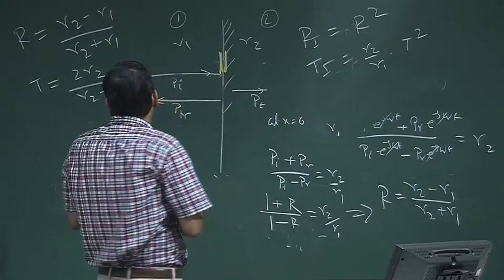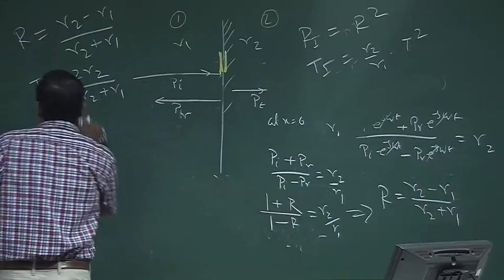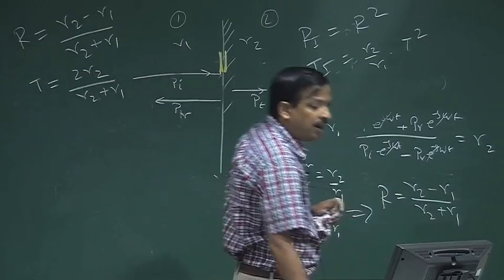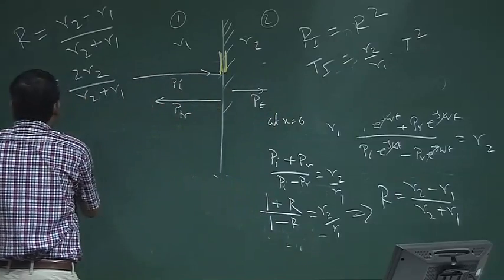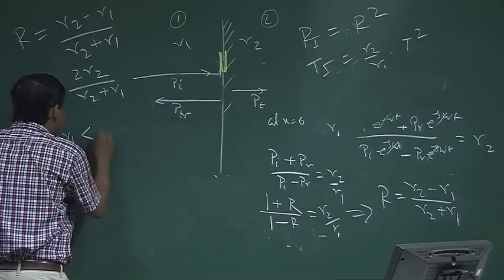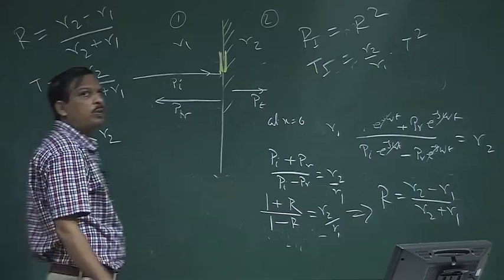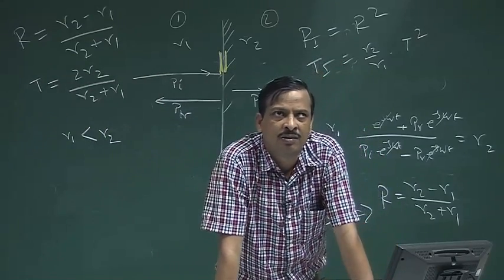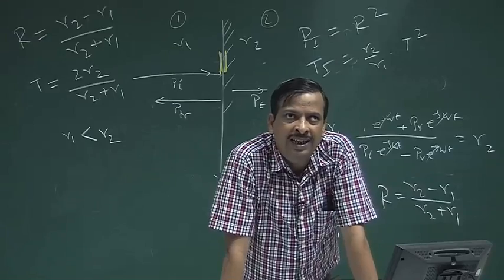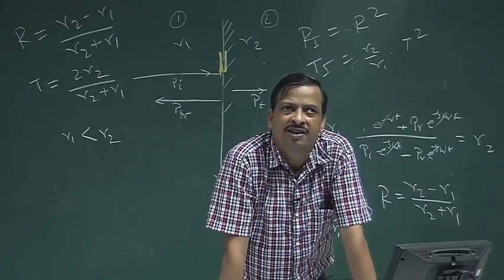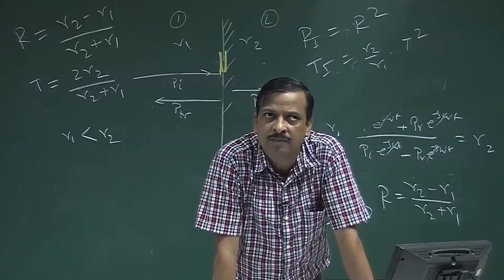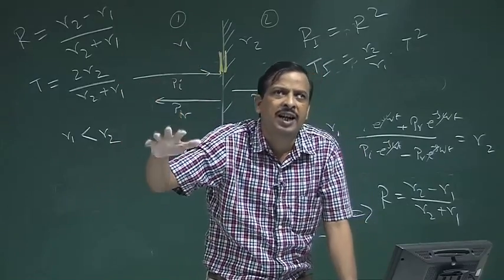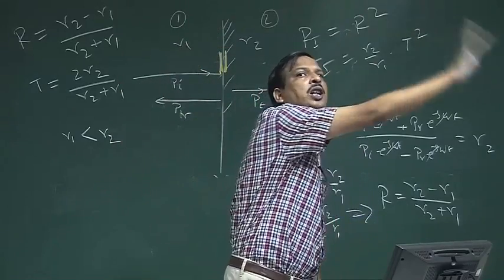Okay. Now if I put the condition, let us see what conditions are available. The first condition is that R1 is less than R2. What do you mean by R1 being less than R2? The characteristic impedance of the first medium is less than the characteristic impedance of the second medium. For example, a wave is transmitted from air to a concrete wall.